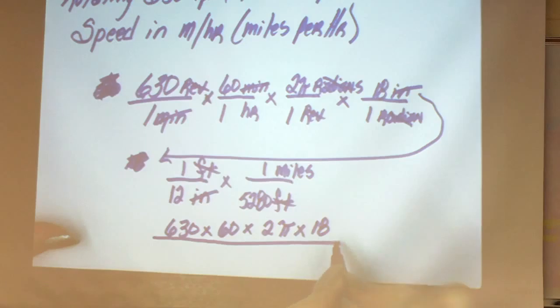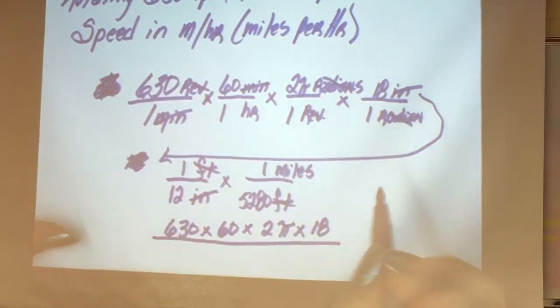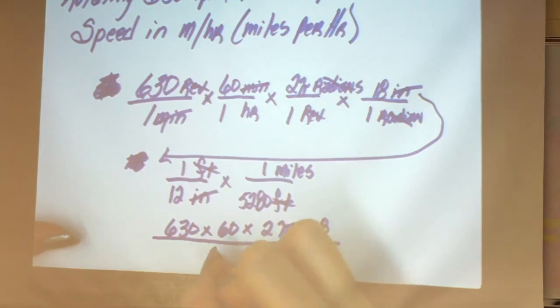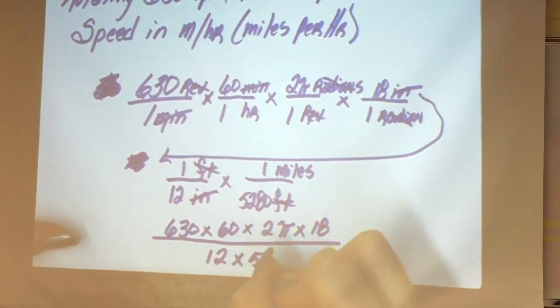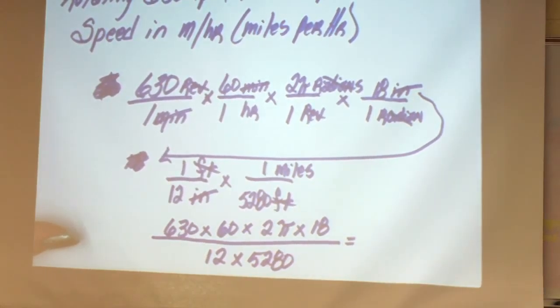And on the bottom, we have 1 times 1 times 1 times 1 times 12 times 5,280. So 12 times 5,280 on the bottom. And if we multiply that all out, the answer is 67.47 miles per hour.